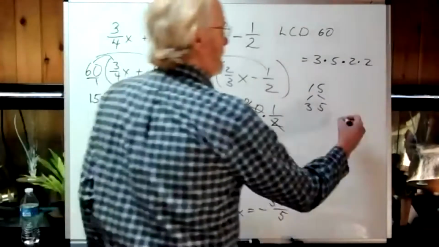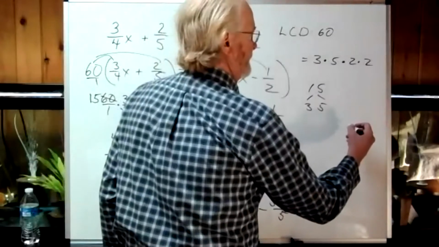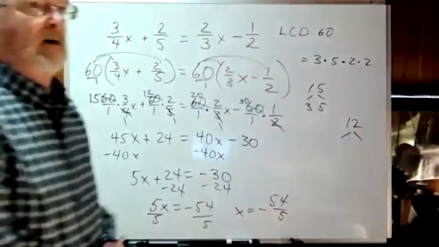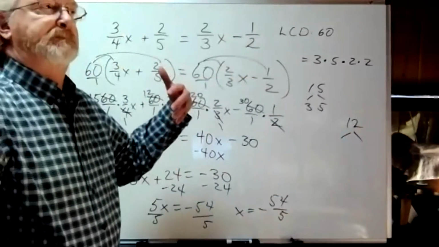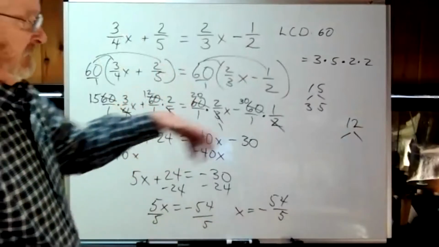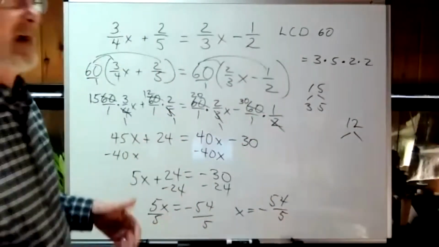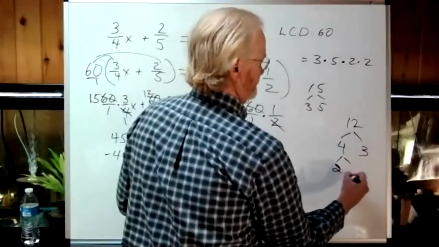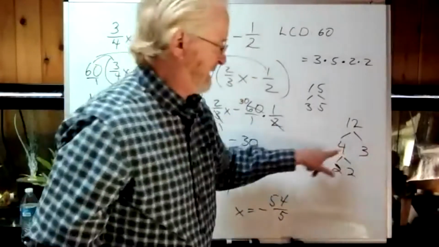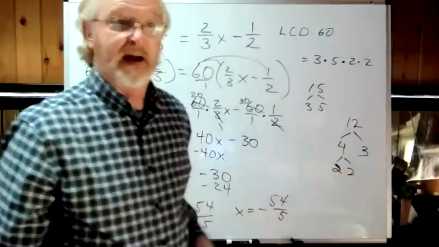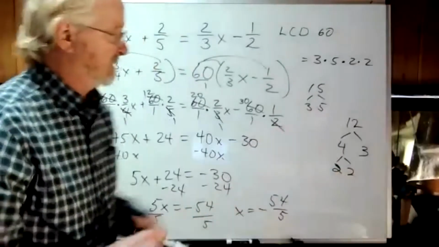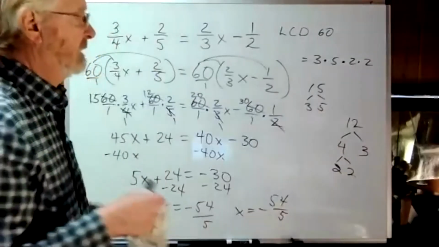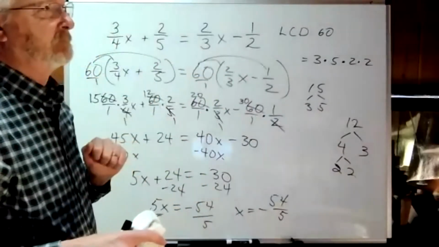Or if it was, let's see, just making up something here, a 12, I need my common denominator to be a multiple of 12 or have all the different factors of 12 in it. So it needs prime factors of 2 and a 3 in it to be divisible by 12. Makes sense. Thank you for that refresher.